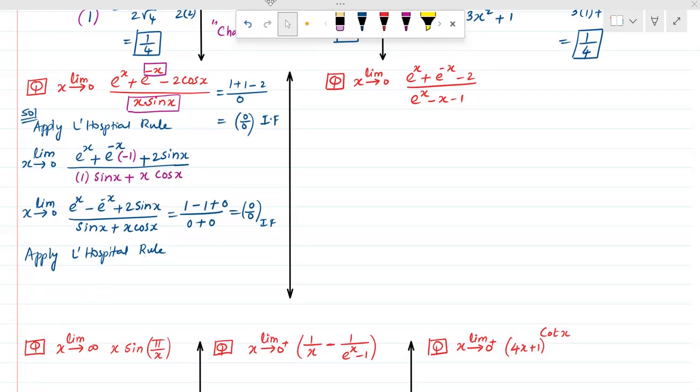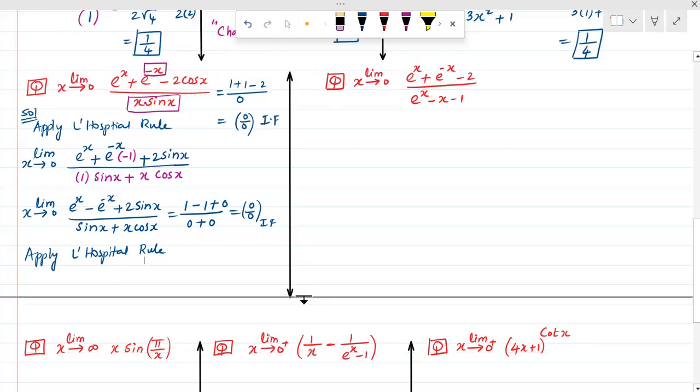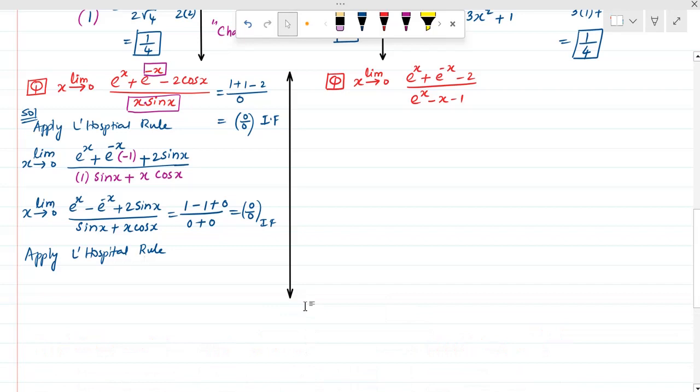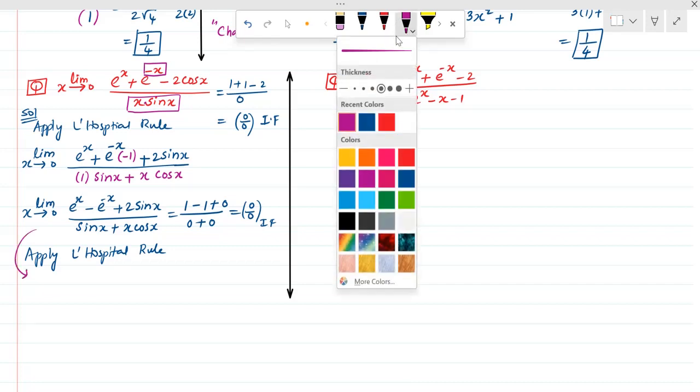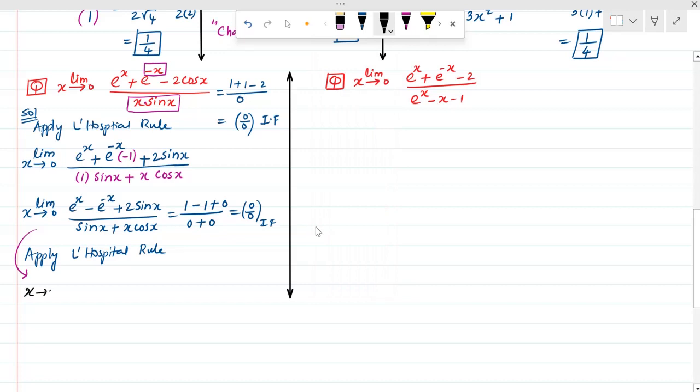So here we will differentiate one more time. What is the differentiation here? I have to differentiate this part. Again, L'Hopital rule you have to apply. So here the L'Hopital rule says, so I write it here. Limit x approaches 0. Now here I will write it. E power x, it will be e power x minus e power minus x.